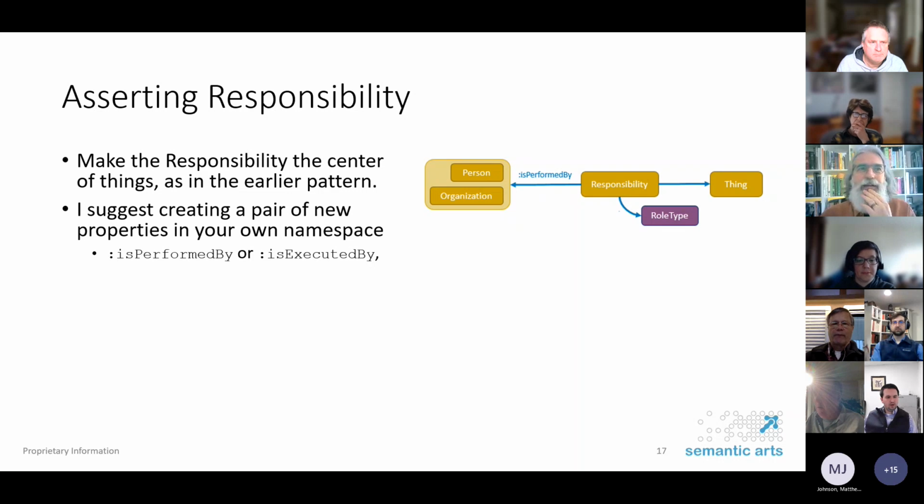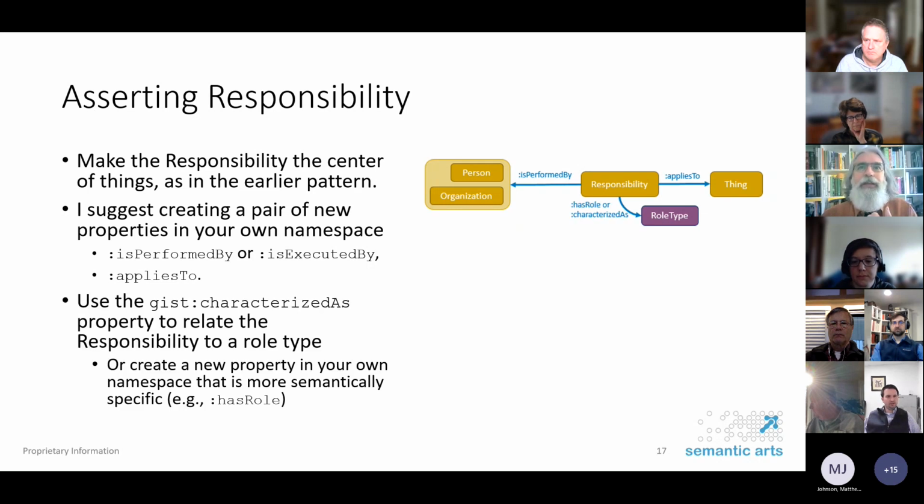That's again up to you, and the idea that the responsibility applies to something. And then the responsibility is characterized as some role. Or maybe you want to create a more specific property of your own, like has role. I've done that as well.